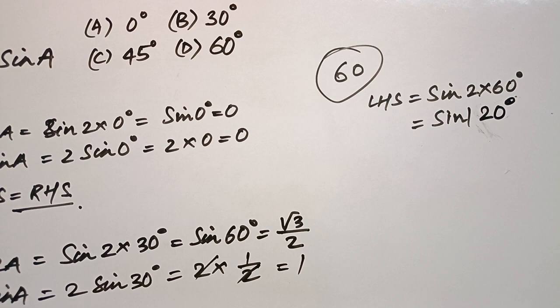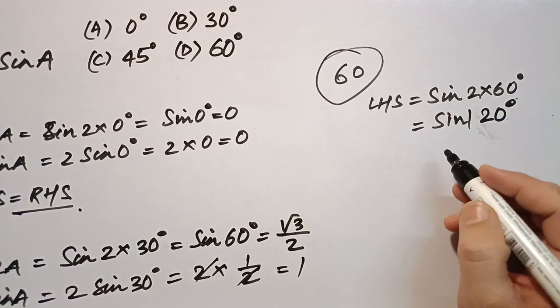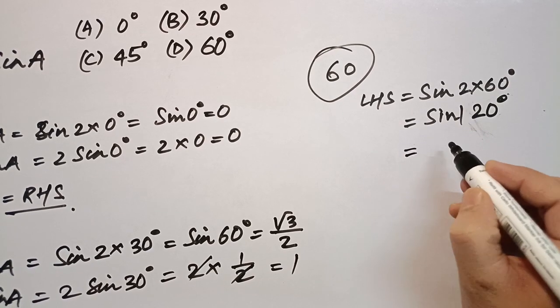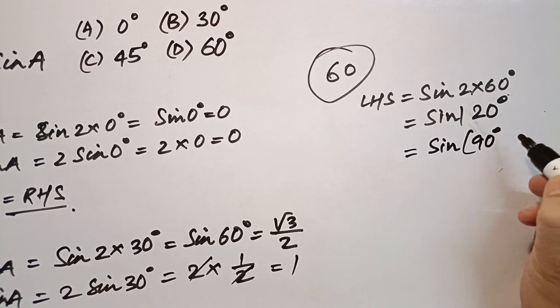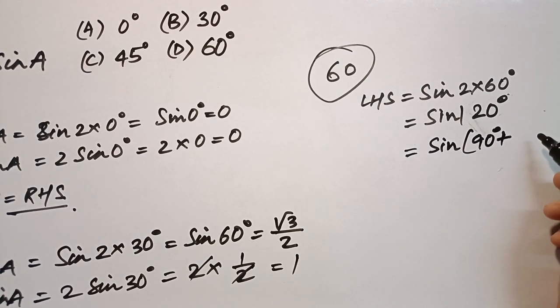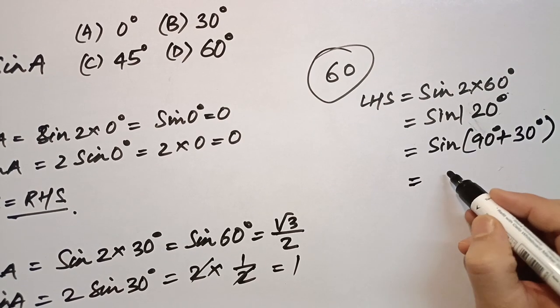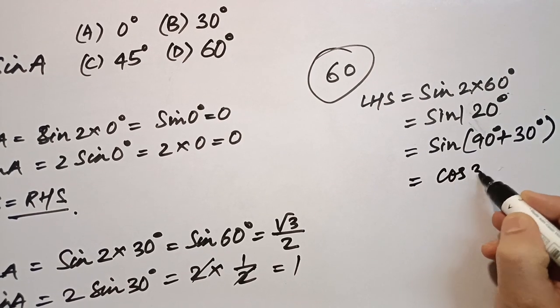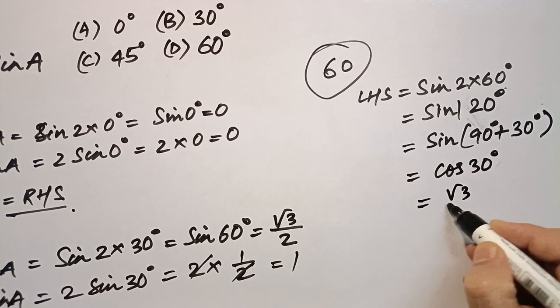You don't know the value of sine 120 degree, but you learn in higher class how to find it. Let me solve for you, but you may not know it. If I write it as 90 plus 30 degree, it will change the sign. It will become cos 30 degree, and the value of cos 30 will be root 3 by 2.